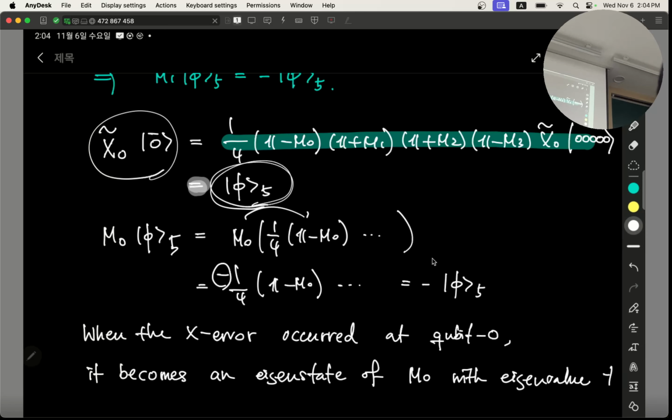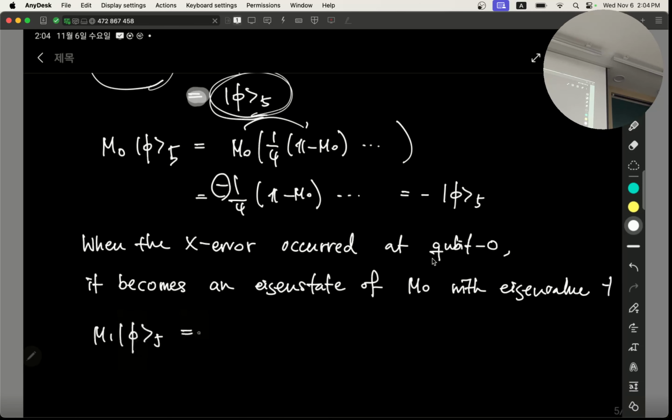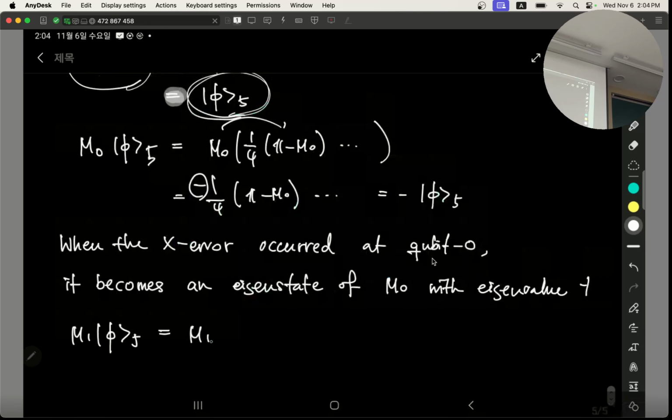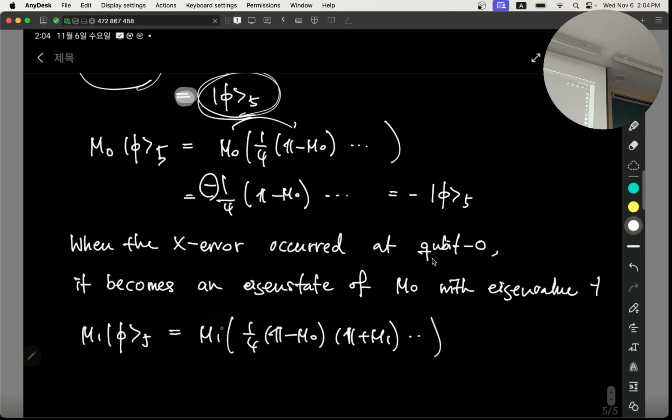So how about m1? If I have m1 applied to phi, now the situation is different. So m1 times 1 over 4, 1 minus m0, 1 plus m1, and so on. Now, I can move m1 around past a different index mi, so it can move to here. When I'm at the middle of 1 minus m0 and 1 plus m1, then I can safely move m1 to the right-hand side of 1 plus m1 without putting any sign here.